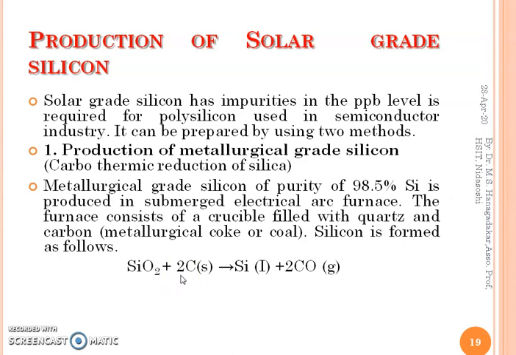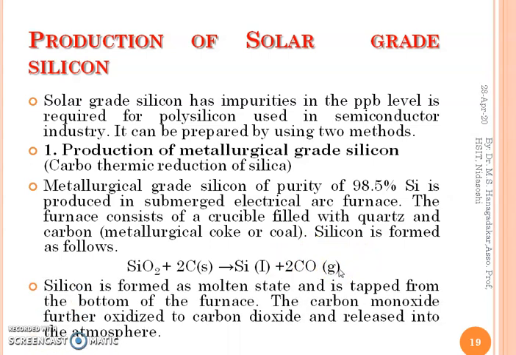This industrial metallurgical grade silicon has a higher concentration of impurities. The silica is reduced using the coke or coal, and we get silicon, with the loss of carbon monoxide, which is further oxidized to release carbon dioxide gas.